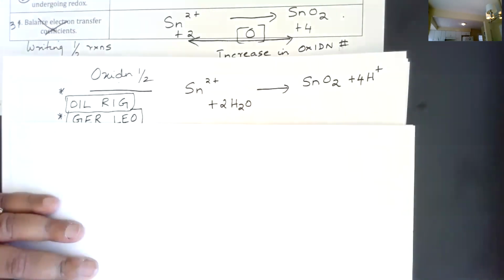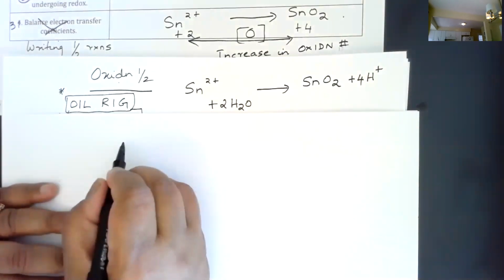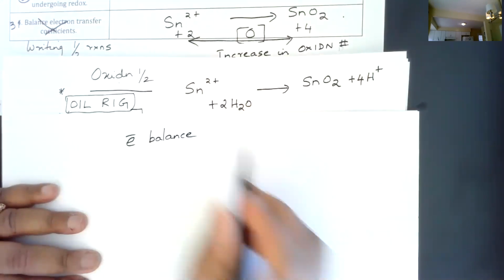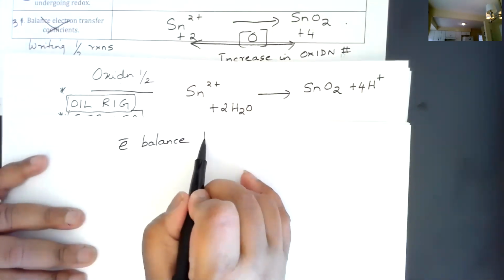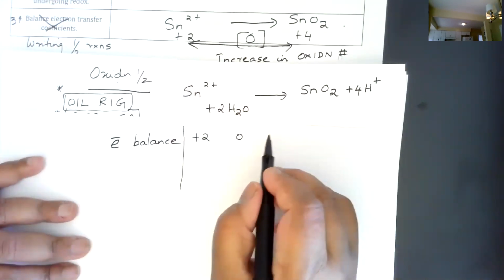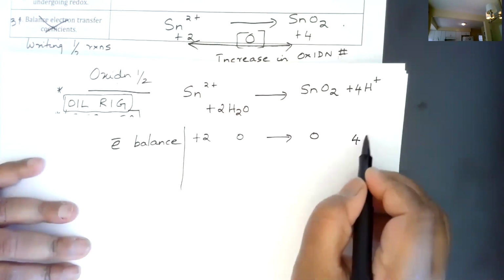Now, let's do the electron balance as well. So look at the charges. I have +2. From water is 0. From SnO2, it's 0. From hydrogen, it's 4+.